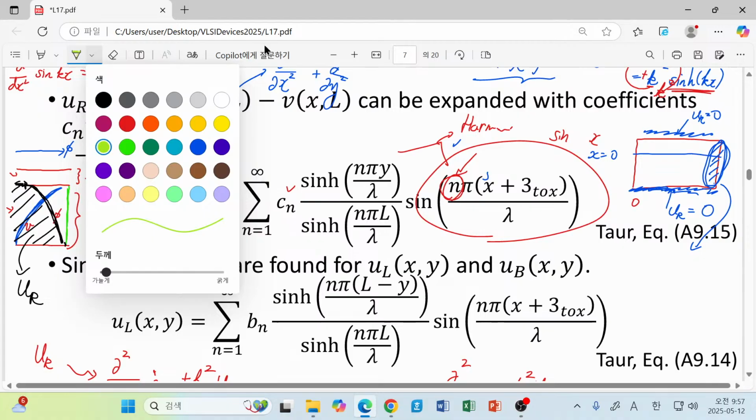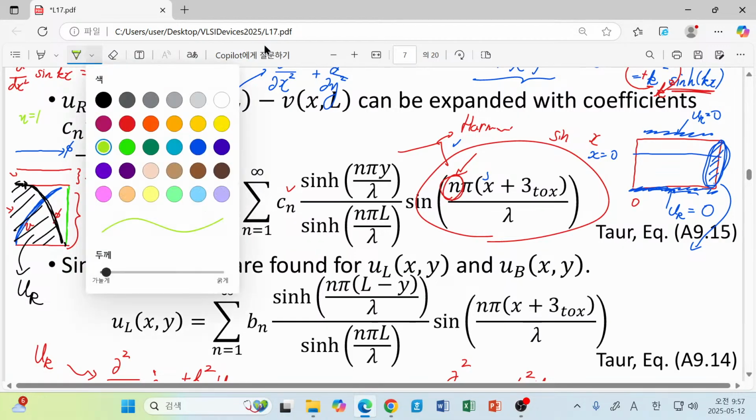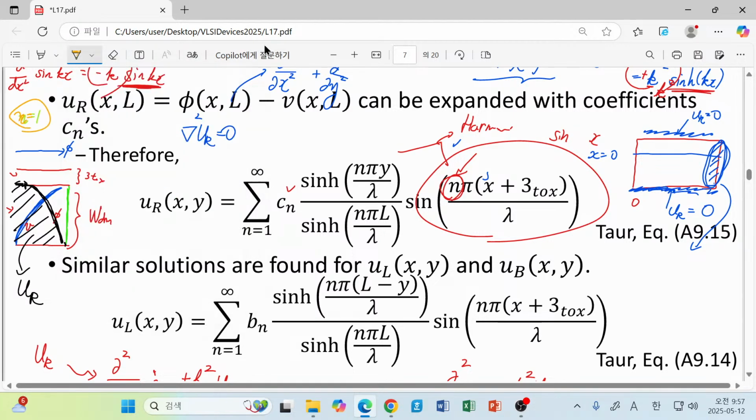If we consider the n equal to 1 mode, it just looks like a half sine, all positive. So we just make the summation or integration of this black curve with this yellow curve. So maybe you can understand they will contribute a positive number.